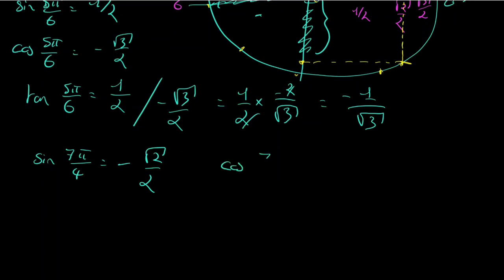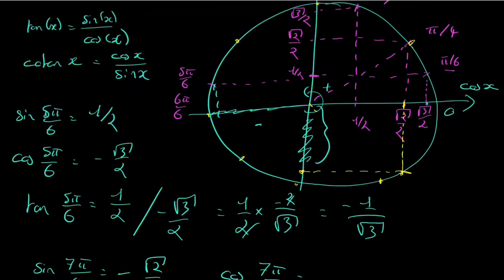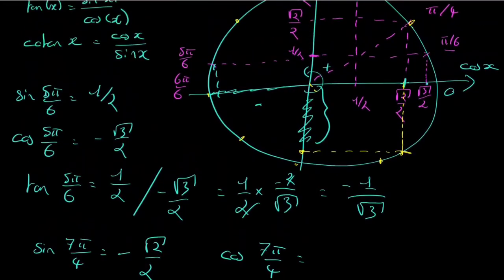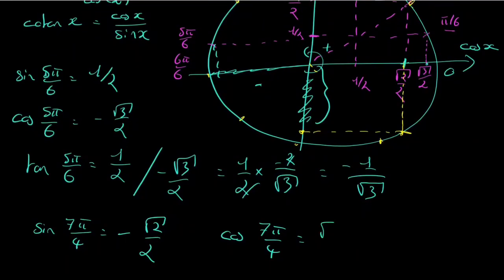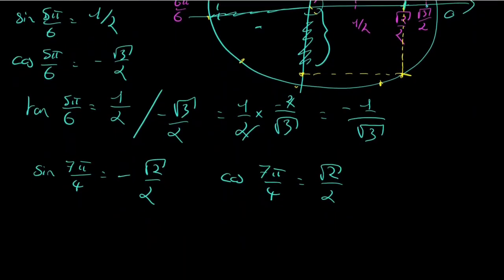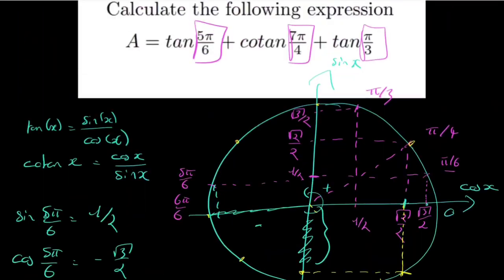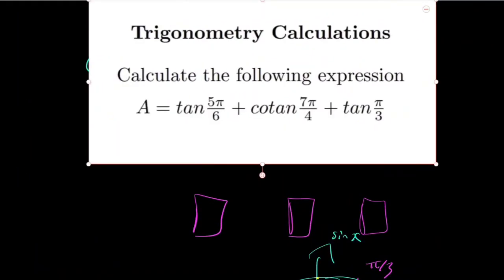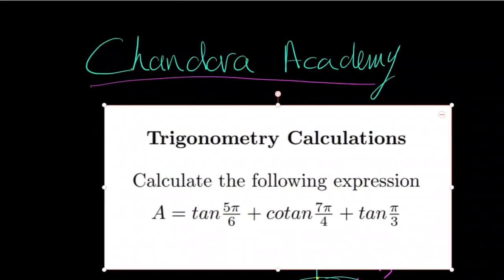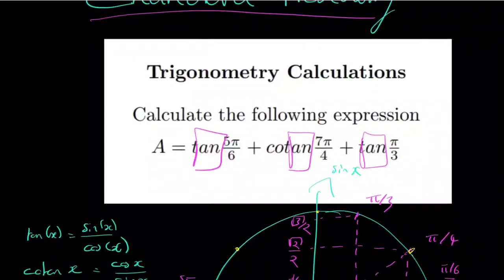Now the cosinus of 7 pi over 4 is the same value as the one of pi over 4, and the one of pi over 4 is square root of 2 over 2. We are looking for the cotangent of this value.